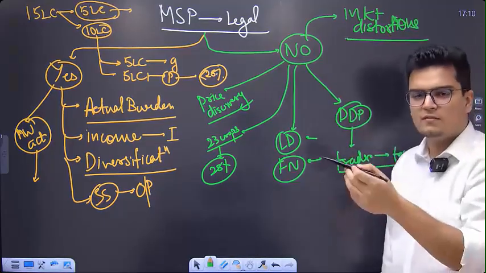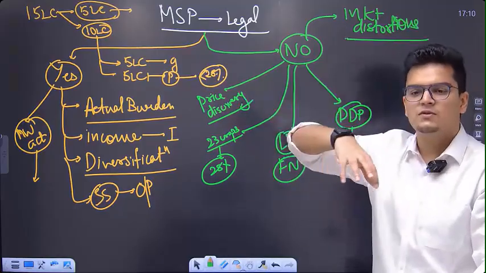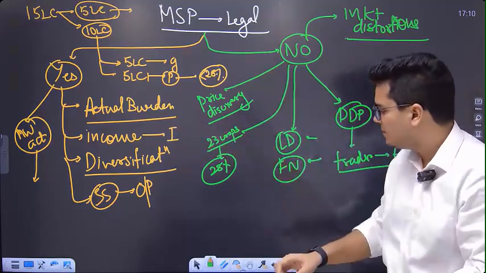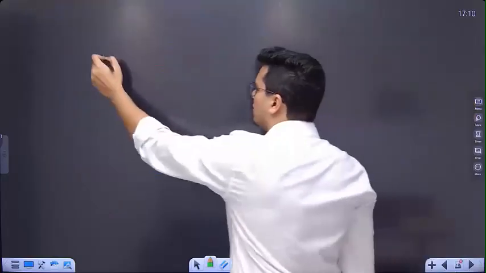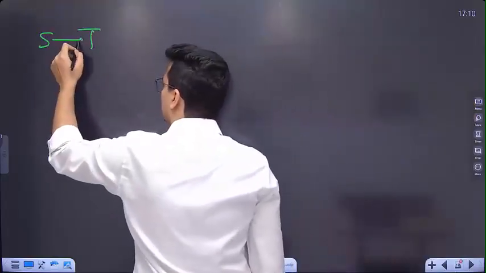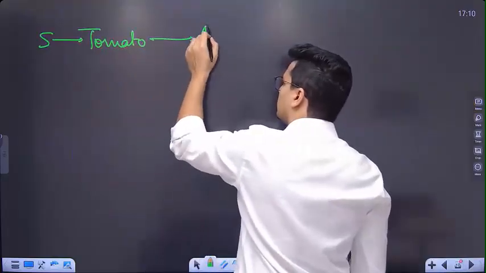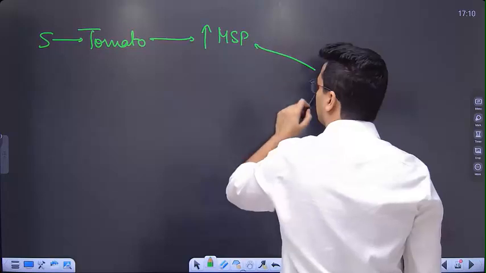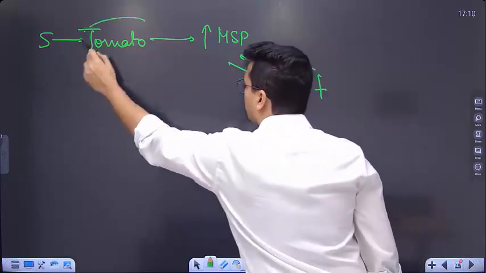So one year when MSP is raised for a particular product, all farmers will want to produce only that product. Let's say there is a shortage of tomatoes this year. Government decides to increase the MSP. Now all farmers decide to start growing tomato.